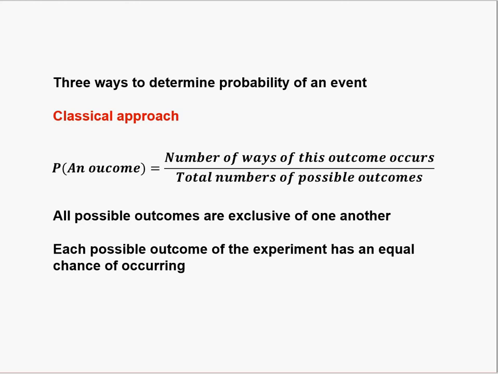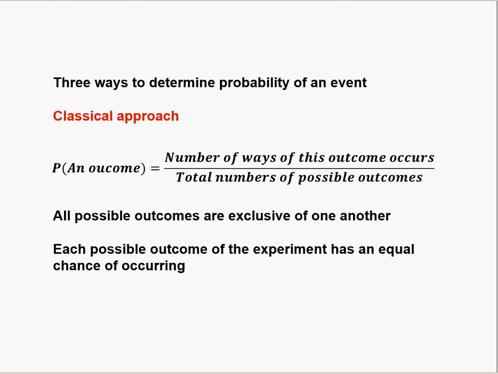For example, if you toss a coin, the total number of possible outcomes is 2, head or tail. And the number of ways to get a head, for example, is one way. Therefore, 1/2. So that's how we get the probability of getting a head when tossing a coin. Here, in this formula, all possible outcomes are exclusive of each other.